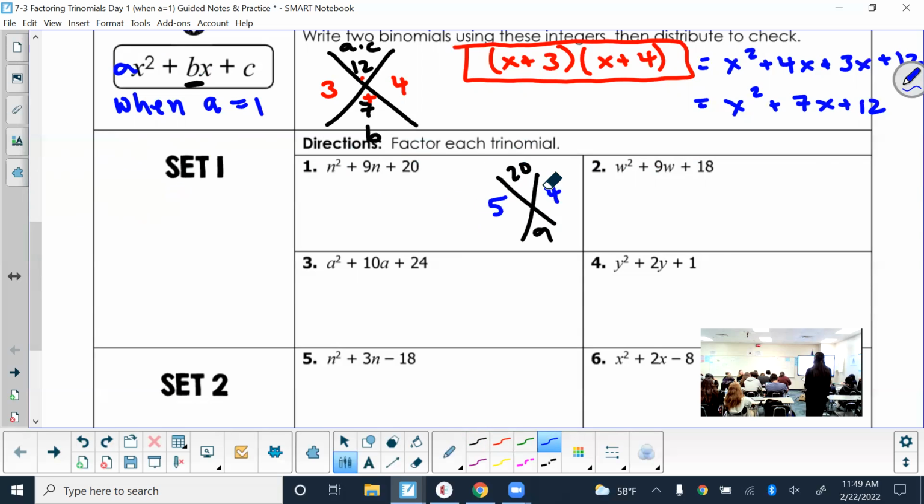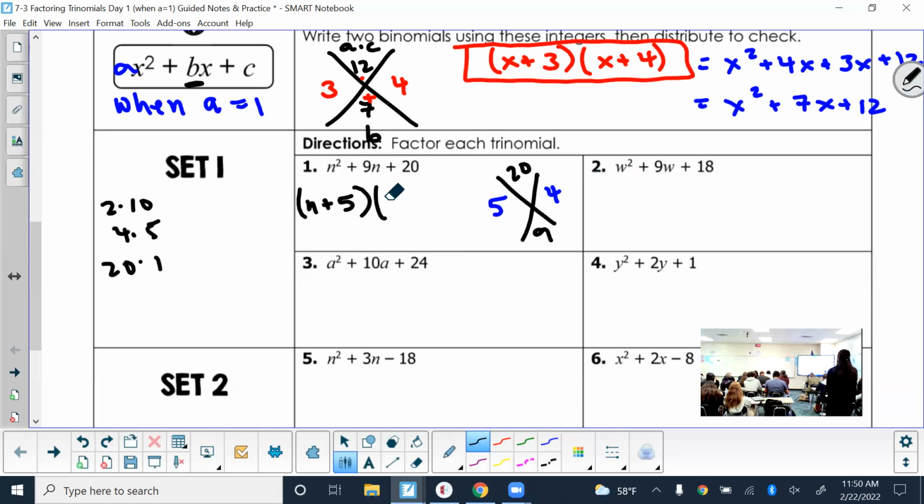Any disagreements? If you didn't know, here's what you can do. Make a little list. 2 times 10 multiplies to 20. 4 times 5. 20 times 1. The only combination that works is the 5 and 4. Our answer is n plus 5 times n plus 4.